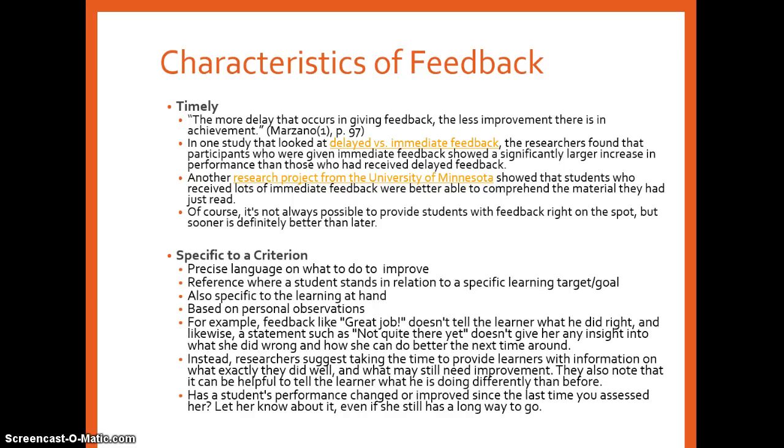Instead, feedback that might say, I really like how you incorporated the theme of this narrative in your story, obviously tells the learner much more specifically what they're doing well, and then you can provide specific feedback on, as you go forward, please continue to use X, Y, and Z.